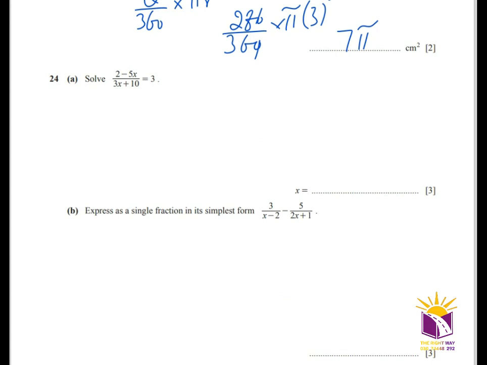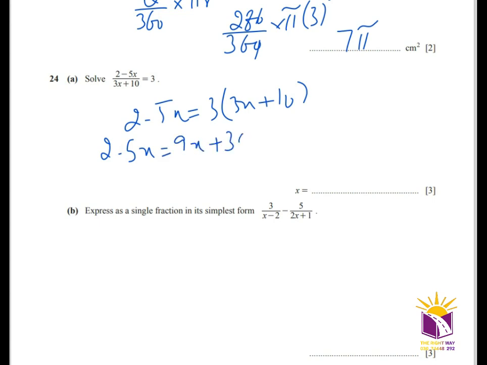Now question number 24, you have to solve (2 minus 5x) over (3x plus 10) equal to 3. Cross multiply it, you will get 2 minus 5x equal to 3 times (3x plus 10), which will be 2 minus 5x is equal to 9x plus 30. Take 5x on one side and 30 on the other side.